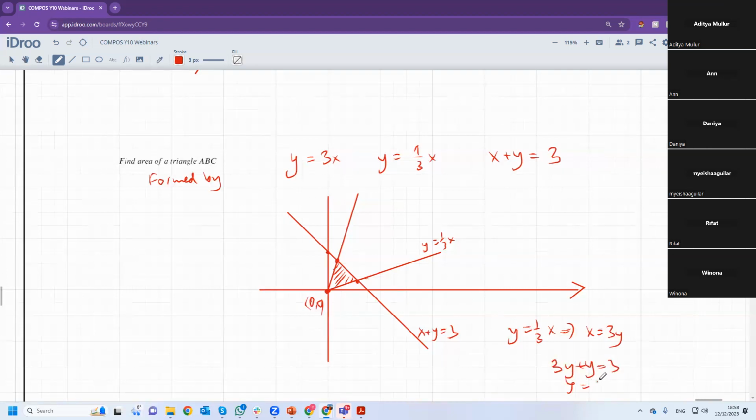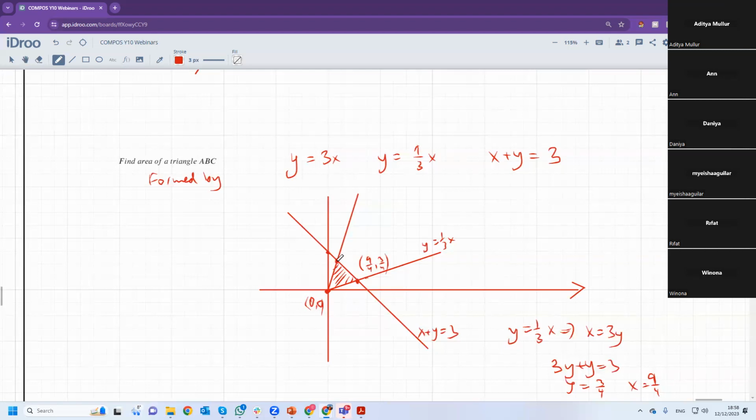So y is 3/4. No, y is 0.75, and x is 9/4, yes. So this point is 9/4, 3/4.